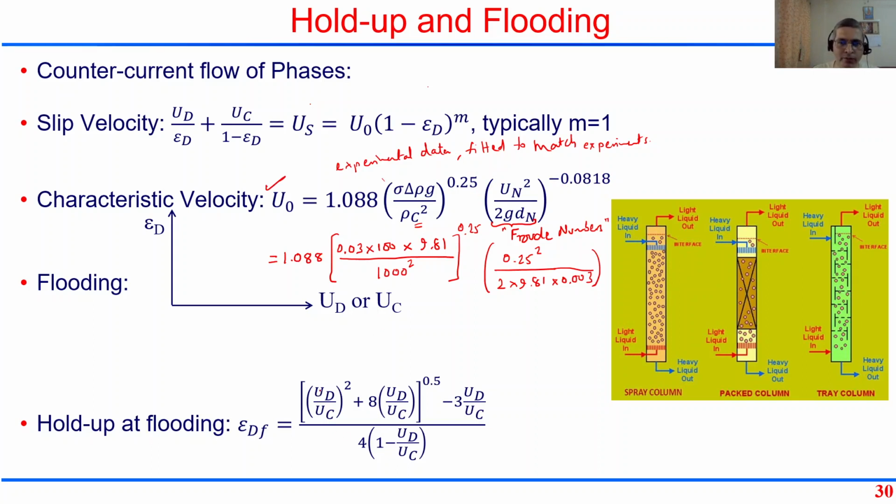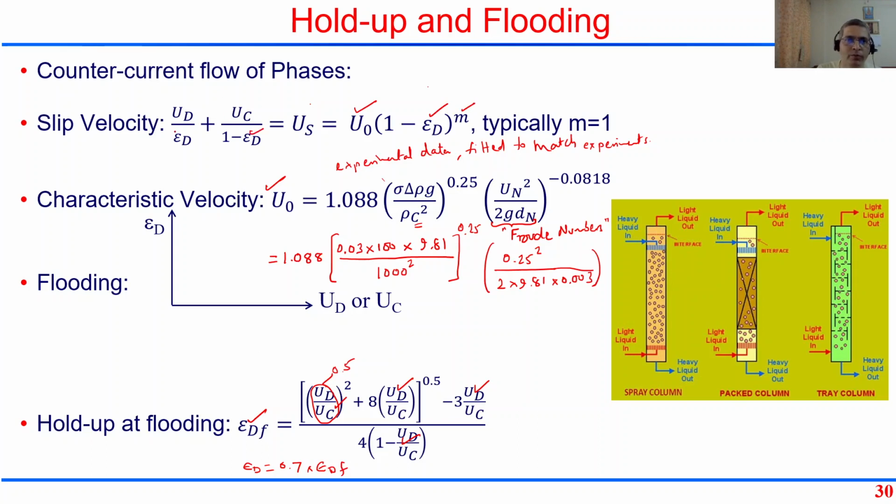Once I tell you the ud by uc is, say, 0.5, then it's very straightforward. Epsilon df can be calculated, and once you calculate epsilon df, we can take epsilon d to be 70% of epsilon df. Now we will know epsilon d, we will know m, we will know u0, m is of course 1.